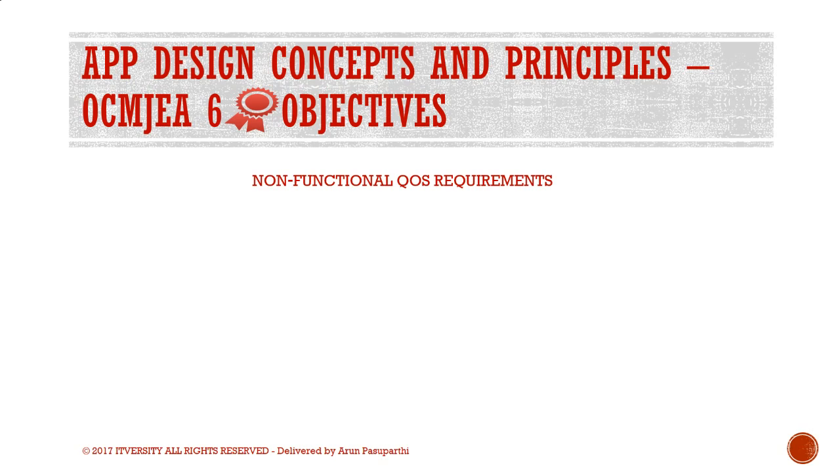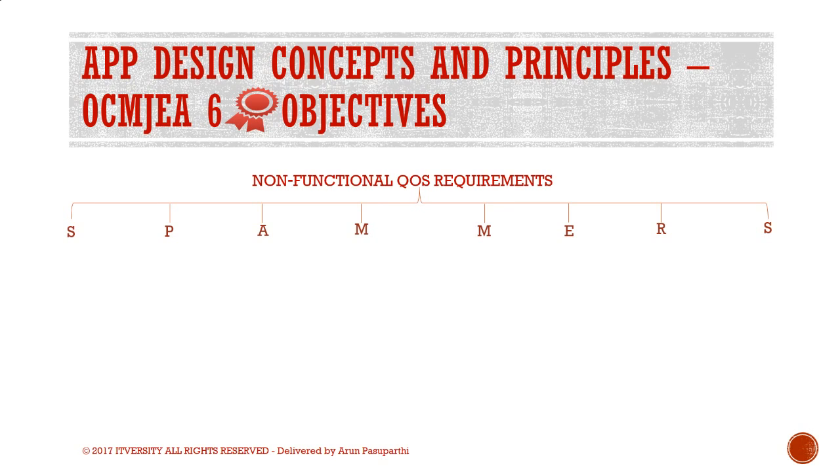So I've made it easy for you to remember them. All you need to do is to remember the word SPAMMERS. Okay, so it is a 1 2 3 4 5 6 7 8 letter word, and this word will help you remember all the important non-functional requirements at any point of time, whether it is an interview, whether you're trying to answer a question when somebody is asking you what kind of non-functional requirements you are addressing, or whether it is for the exam.